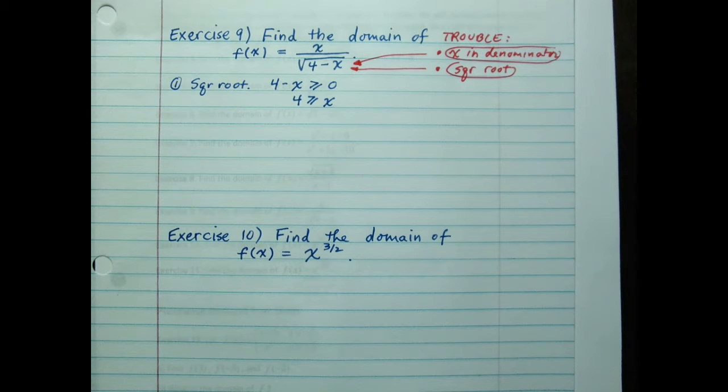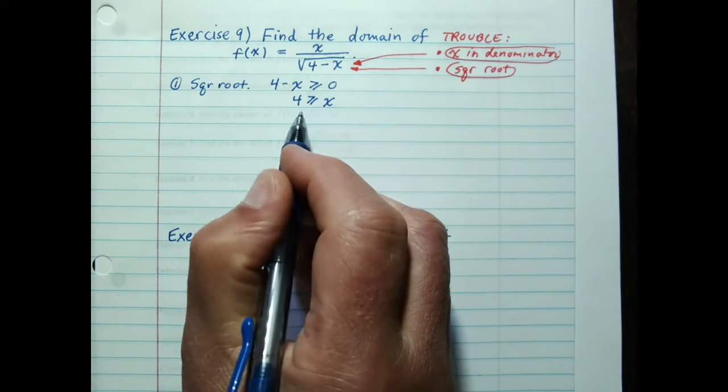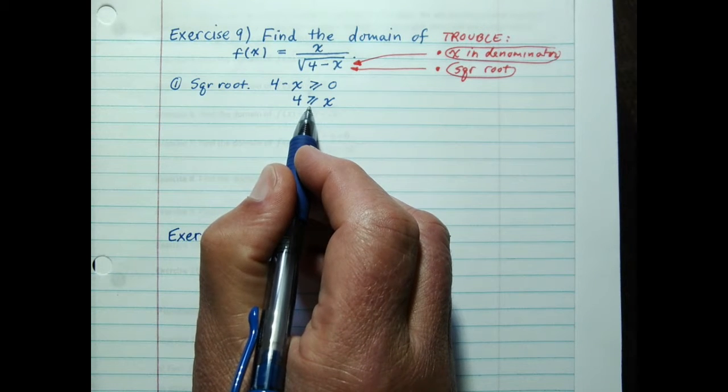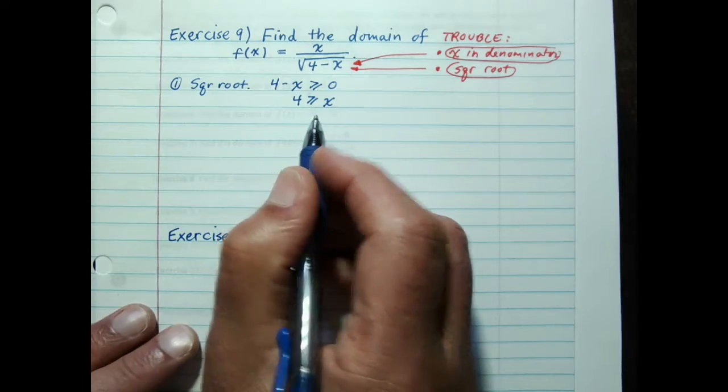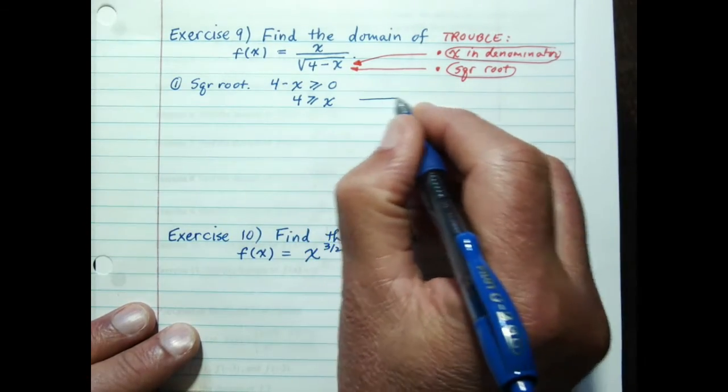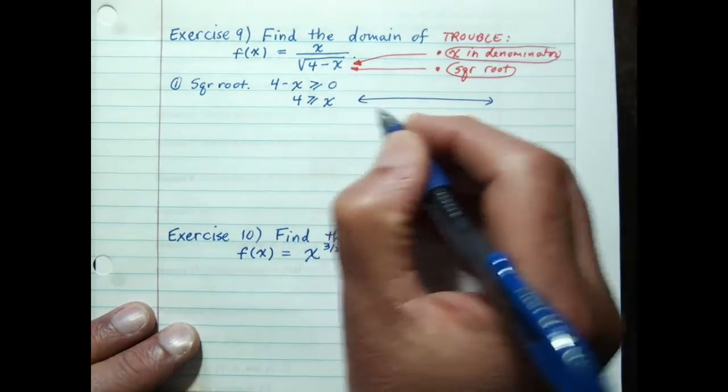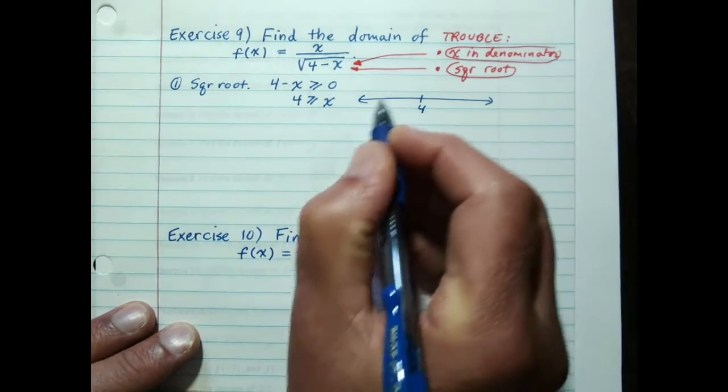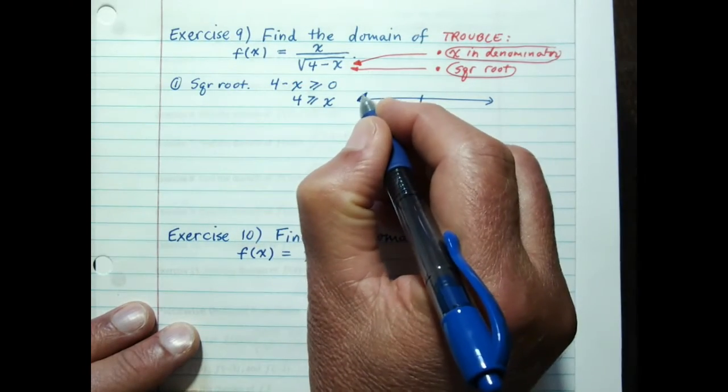But now you need to know how to interpret this inequality. Even though the greater than or equal to sign is here, this is referring to a portion of the number line that is to the left of 4.